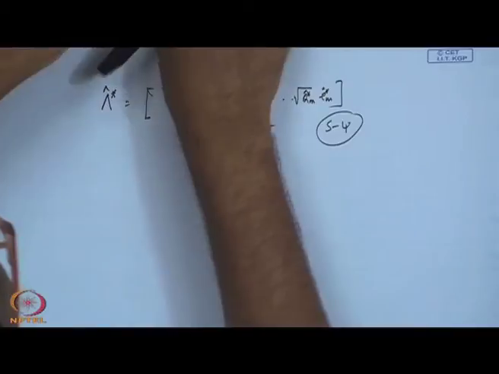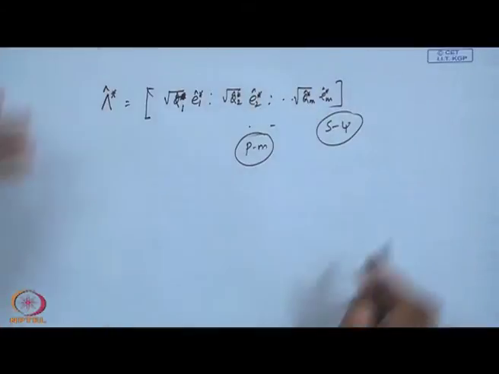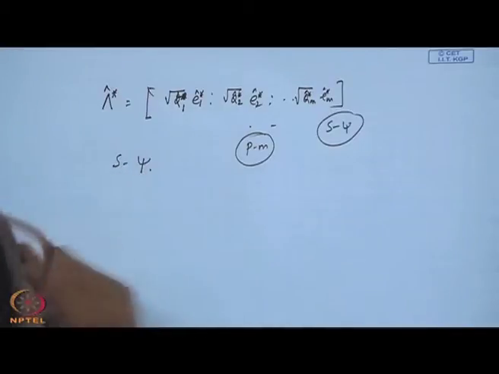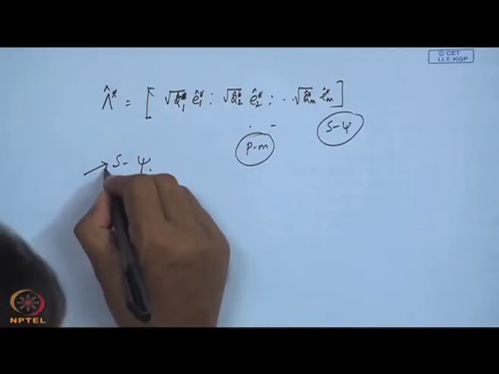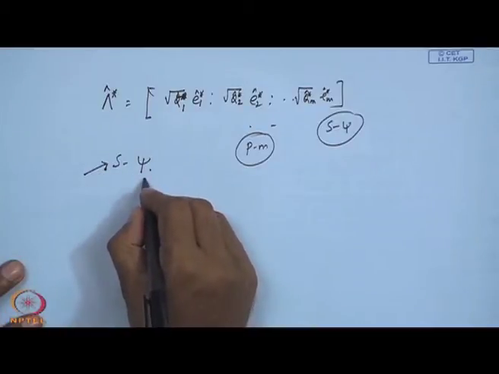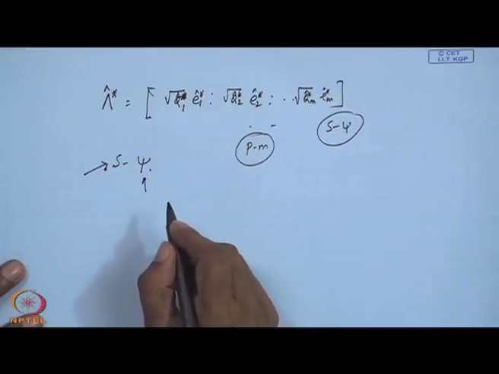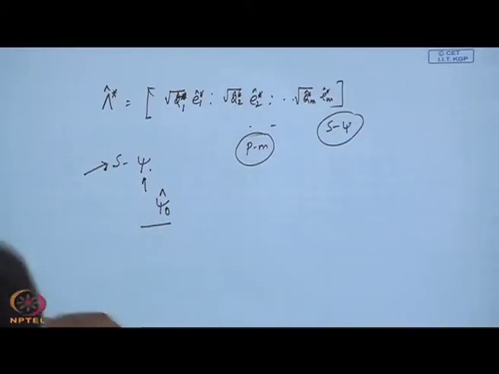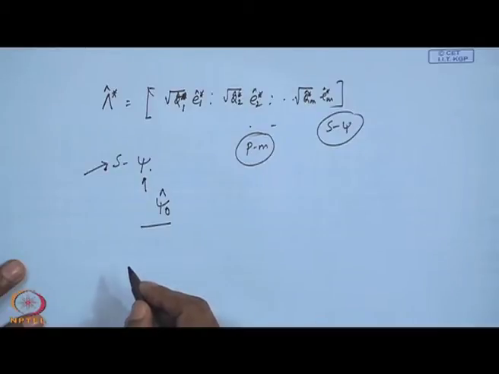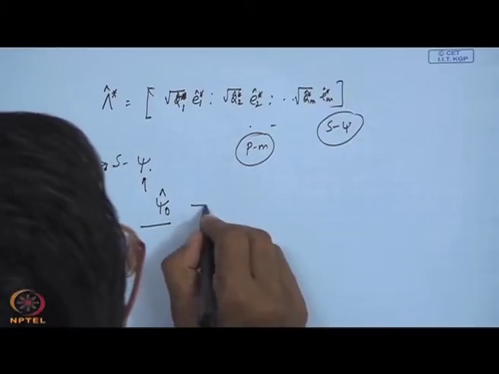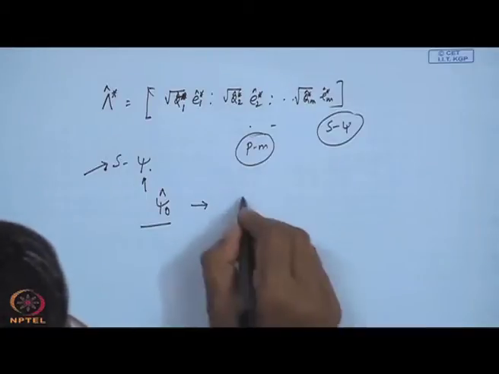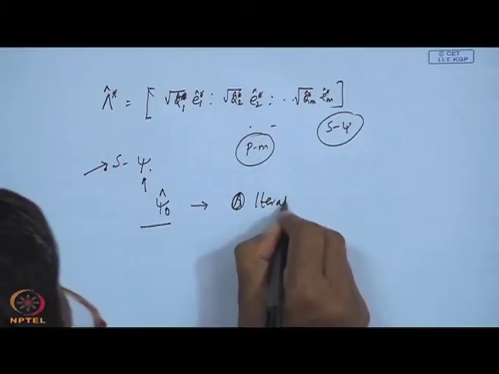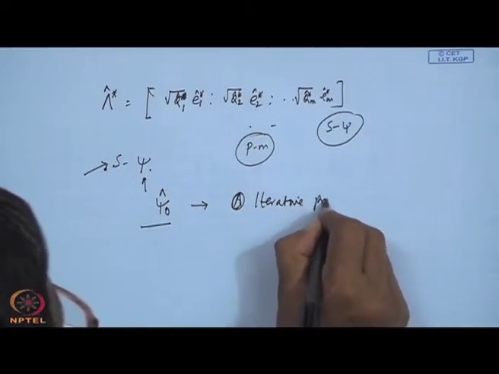So this is the second method, but please keep in mind that in the second method you are factorizing s minus psi. You know the value of s, but you don't know the value of psi. So you have to initialize psi, that is psi 0. It is an iterative procedure.